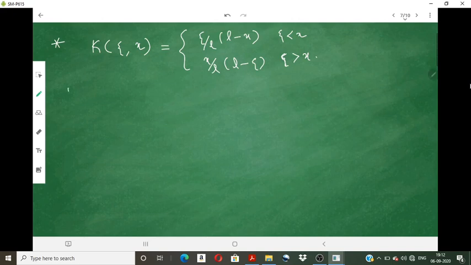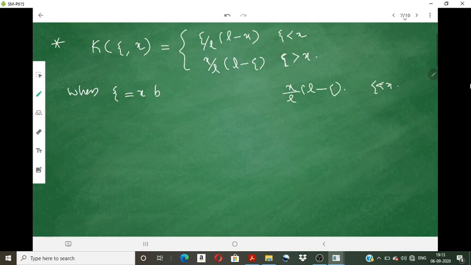When theta equals x, we consider both expressions. Theta less than x gives x by L into L minus theta; instead of x, we can choose theta also.